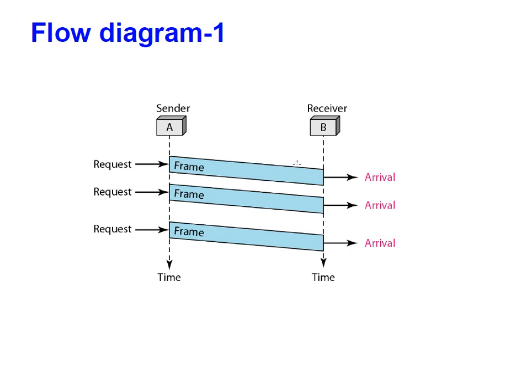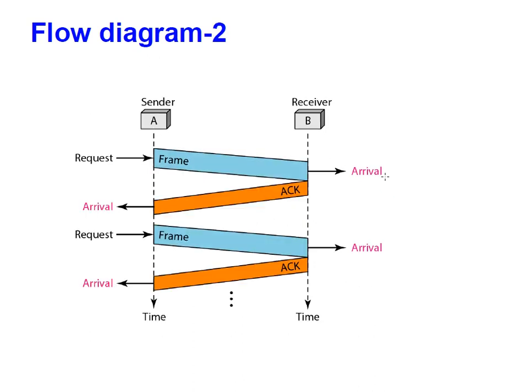A frame is sent and it arrives at A. And there is another flow diagram: when a frame is sent and it arrives at B, then an acknowledgement is sent, and it arrives at this particular point. So that is what we call a flow diagram. A request is sent, then the arrival frame is received by the sender.